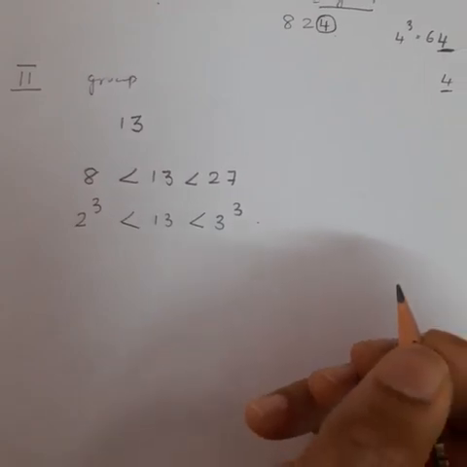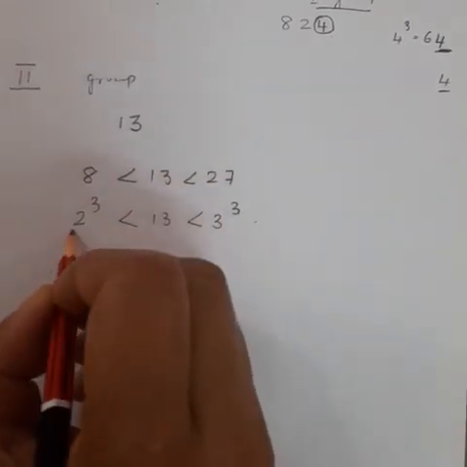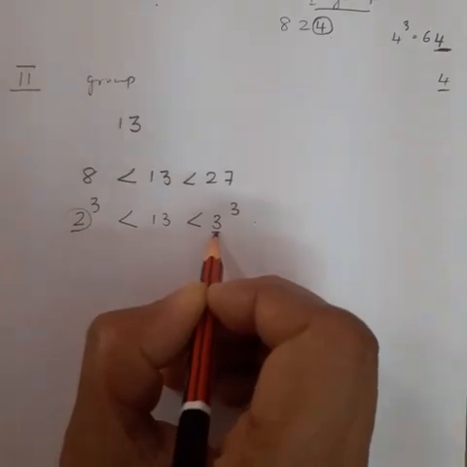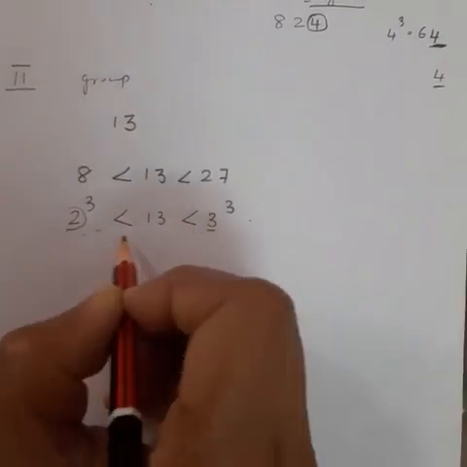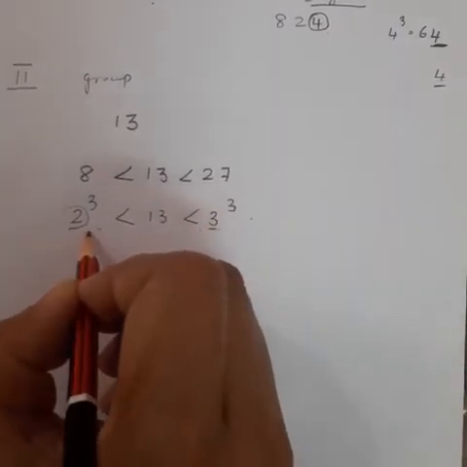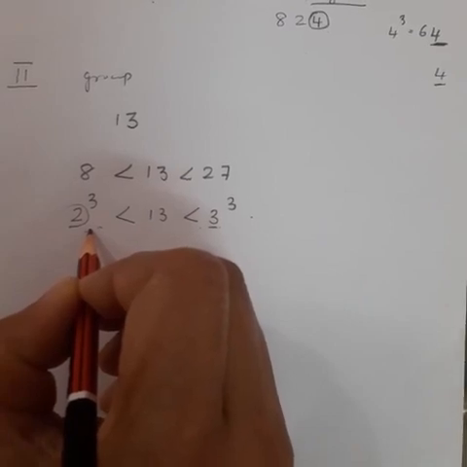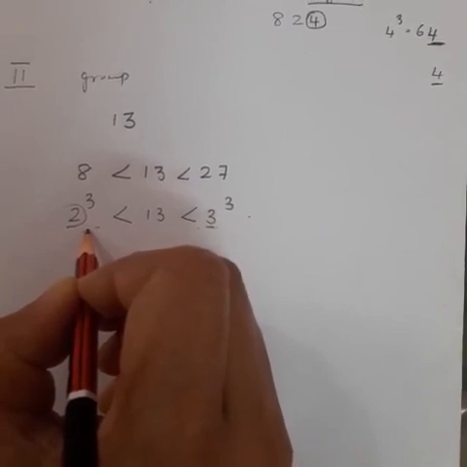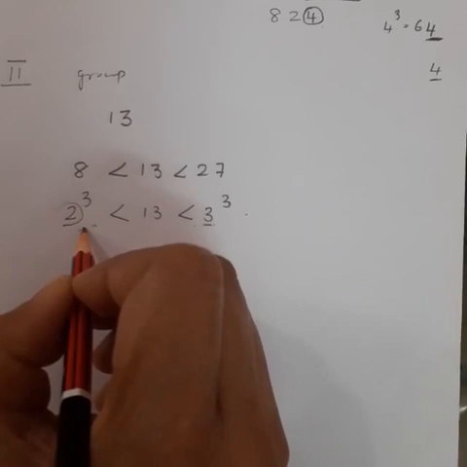So we take the ones place of the smaller number. Here the smaller number is 2. We have to compare these two numbers. So we take the ones place of the smaller number, that is 2, as the tens place of the required cube root. So we got the tens place of the required cube root.